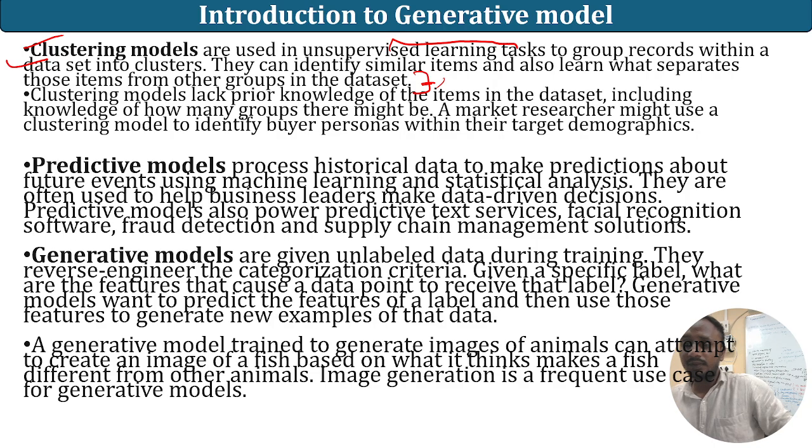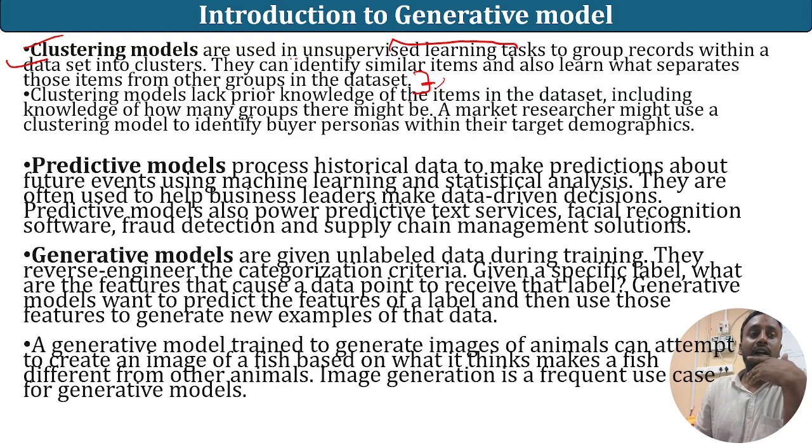So clustering means they're going to create the clusters, then identify similar items by themselves and learn what features separate one group from the second group. Clustering models lack prior knowledge of the items in the dataset, including knowledge of how many groups there might be. A market researcher might use a clustering model to identify buyer personas with their target demographics.